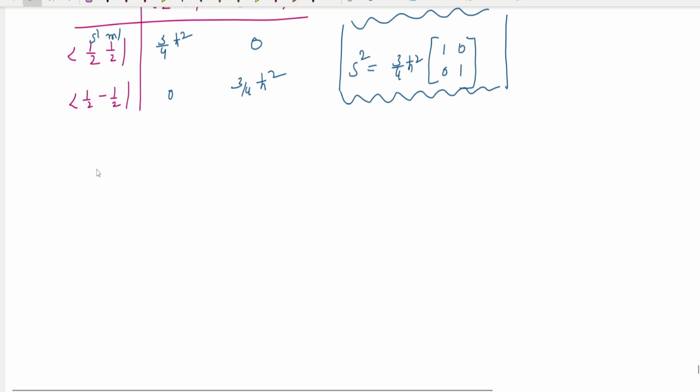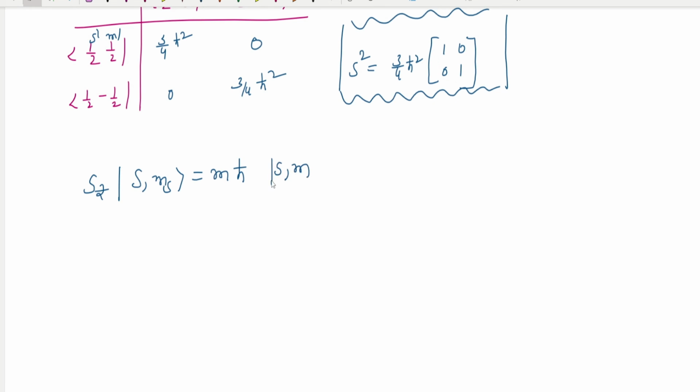Next, Sz. If you apply Sz, then only you can get the Sz component. So Sz we know, right? If you apply Sz on this quantum state, this is the quantum state S and mS. Then try to write this like this: S prime, m prime, Sz, S and m equal to m h cross, S prime, m prime, S, m.